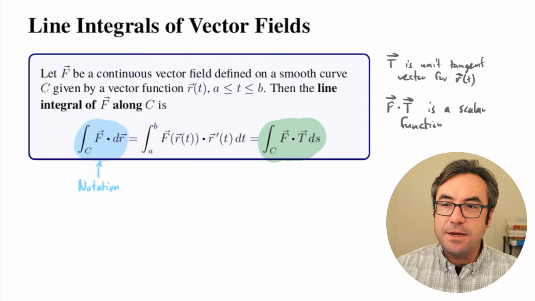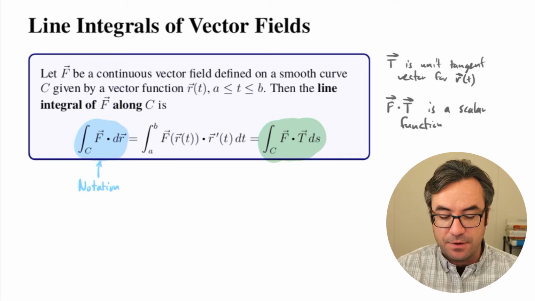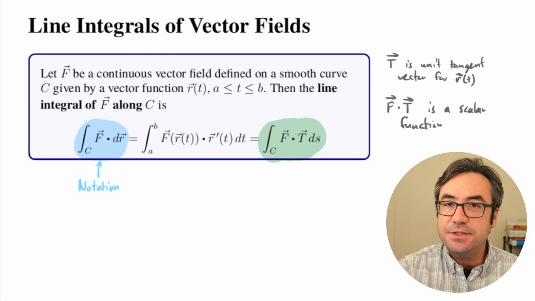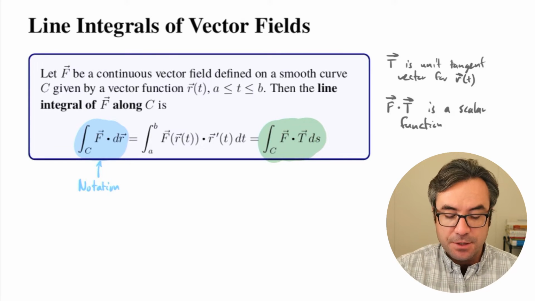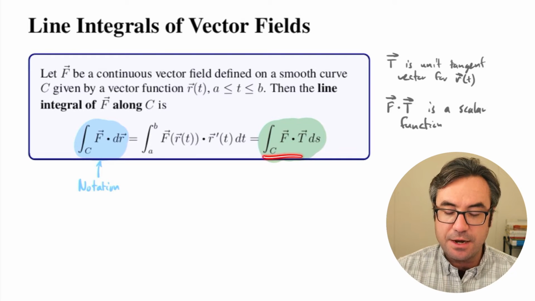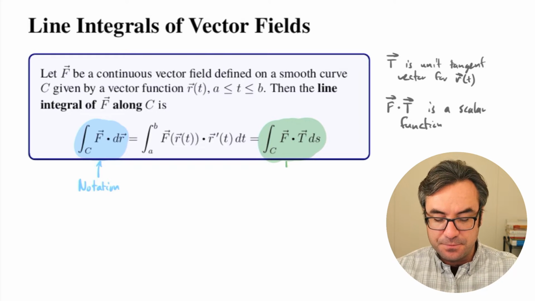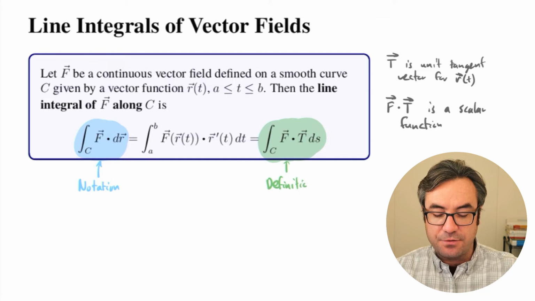So this line integral that we're calculating here, this is just a line integral of a scalar function. So F dot T, the output is just a number. So we have just a regular kind of function here that we're doing the line integral of. So this is the definition part. So this is how we define the line integral of a vector field.